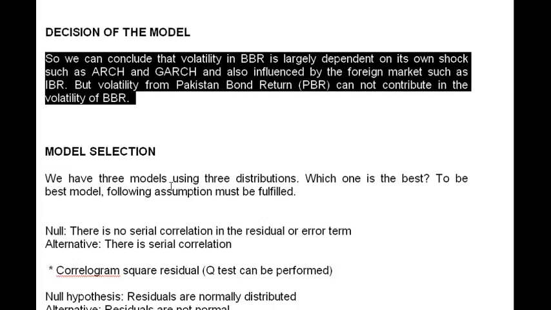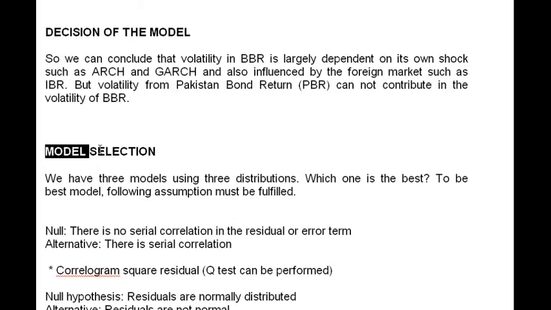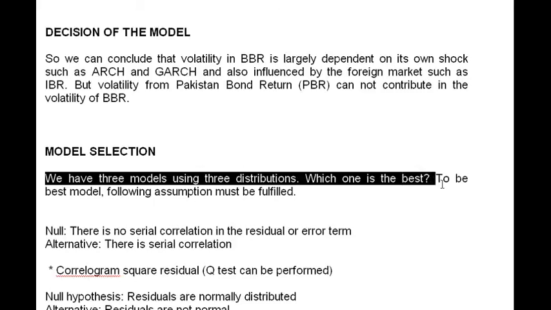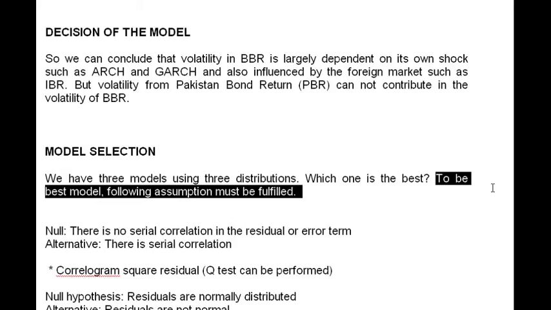Okay, now we have to select the model because we have estimated three models using three distributions. So which one is the best? To be the best model, the following assumptions must be fulfilled.